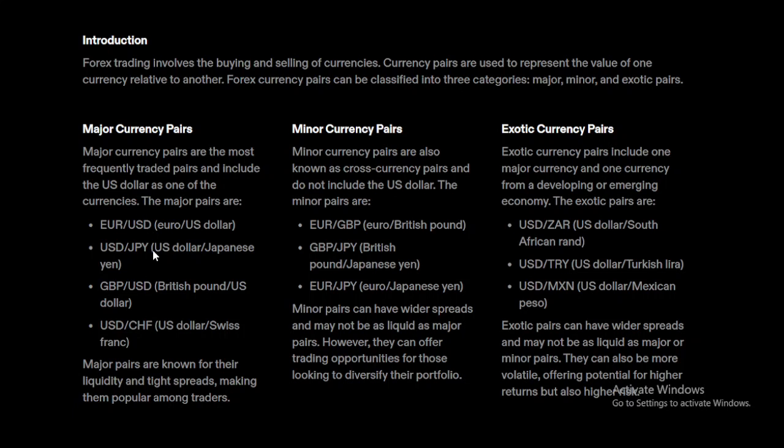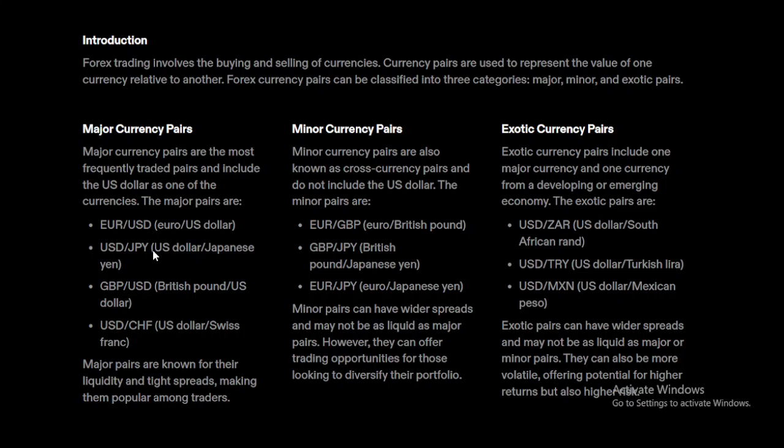Any of these that I listed, if you pair them among themselves, they are under the category of minor currency pairs. Let me say it in another way. Those currencies I listed are among the most frequently traded currencies. In major currency pairs, if you pair any of them with USD, they fall under the category of major currency pair. But for minor currency pairs, if you pair any of them among themselves apart from USD, they fall under minor currency pairs. Of course it is not really your job to pair them, they are already paired and you will see them in your MetaTrader.